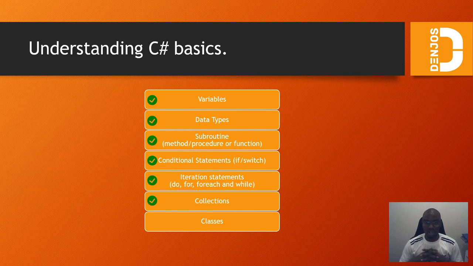Okay, what we've talked about so far: variables, data types, subroutines, conditional statements, iteration statements, and collections. We're still in classes, which I will break down to you in the nearest future, maybe in this video or in the next one, but we'll just see how it develops.